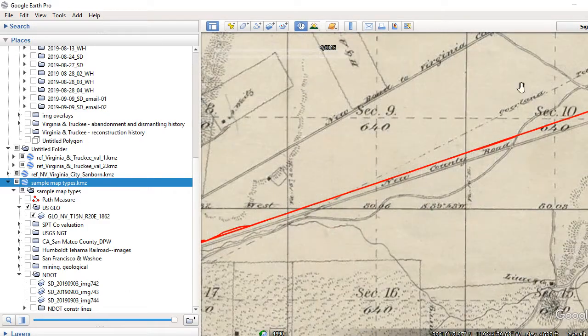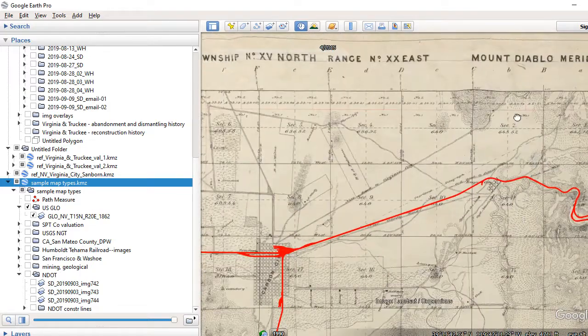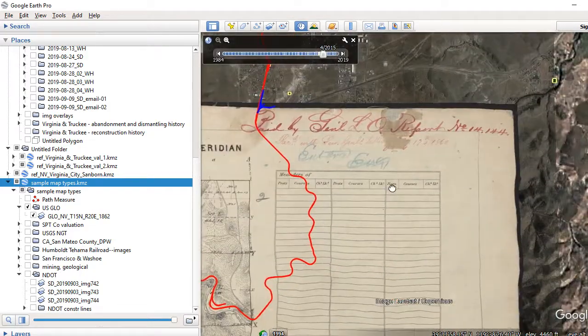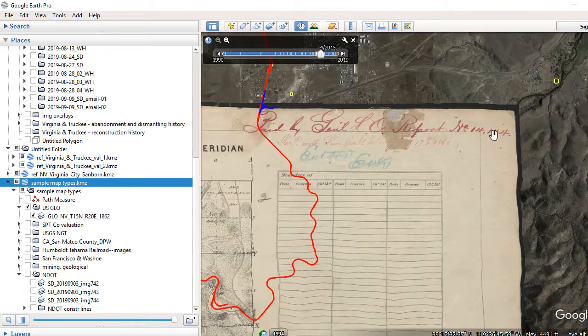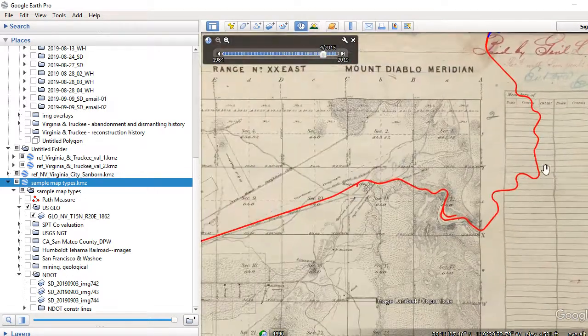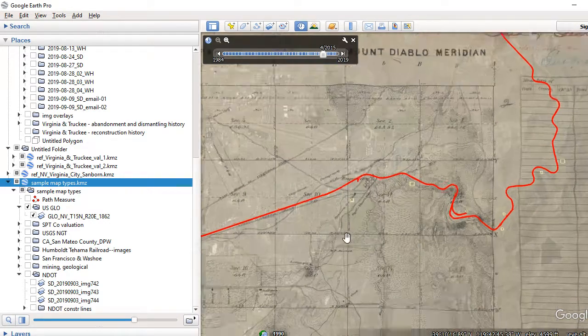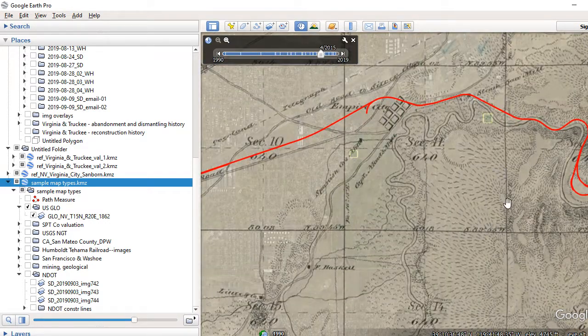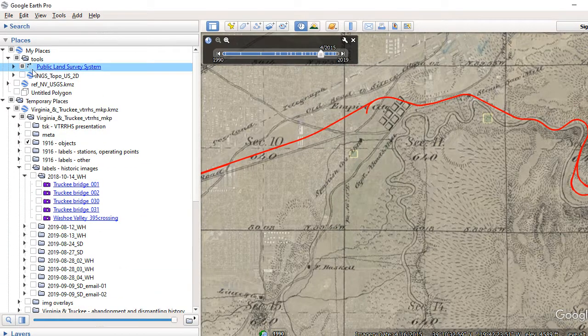So this is the hand-drawn survey plat. I got this from the BLM, but this is the General Land Office survey plat, and you can see it's from 1862. I georeferenced this to the section lines using that tool I showed you.